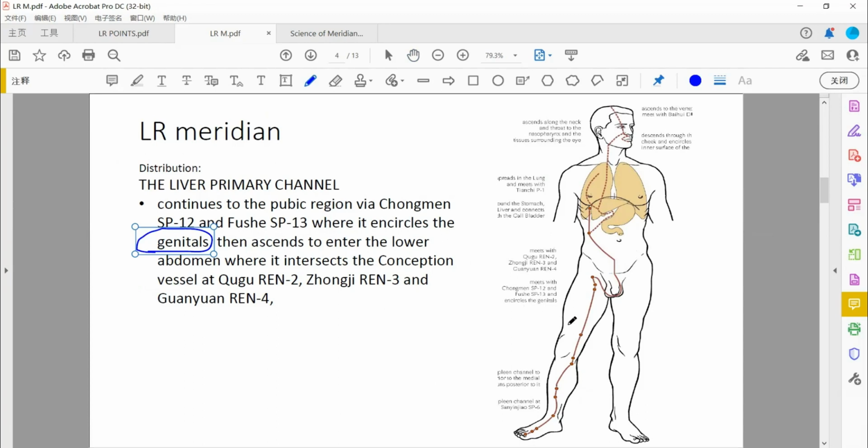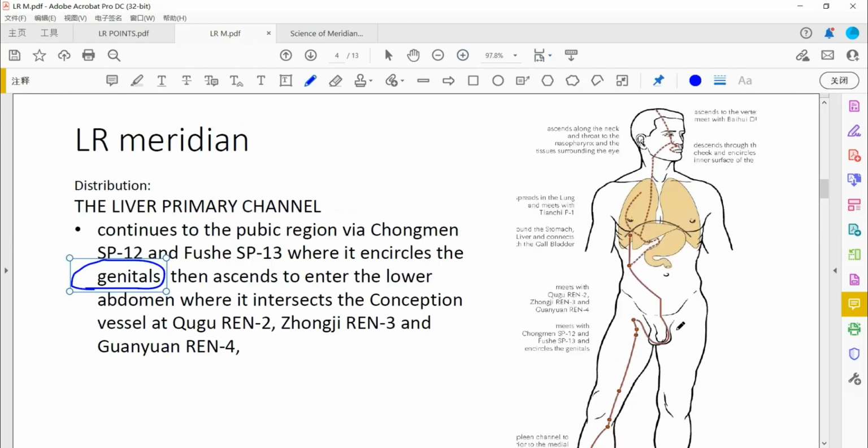Then it ascends to enter the lower abdomen, where it intersects the conception vessel at 曲骨, CV2, CV3, and CV4. So there will be three points here. CV2, CV3, CV4, and go upward.